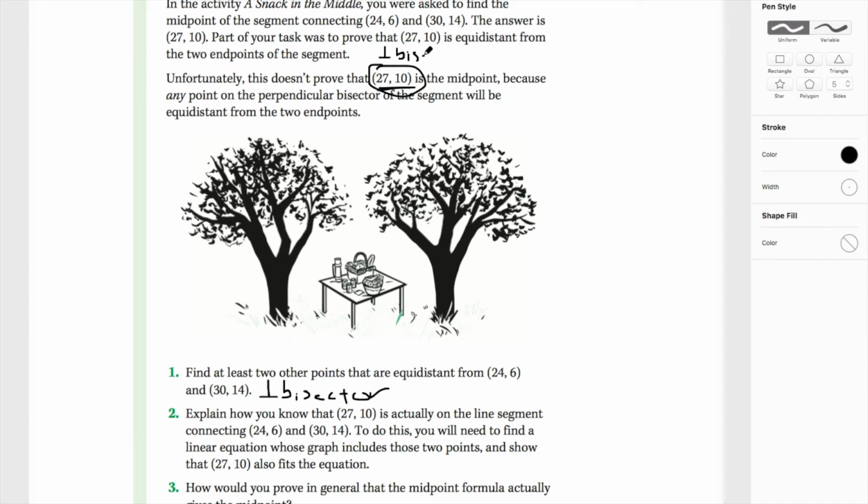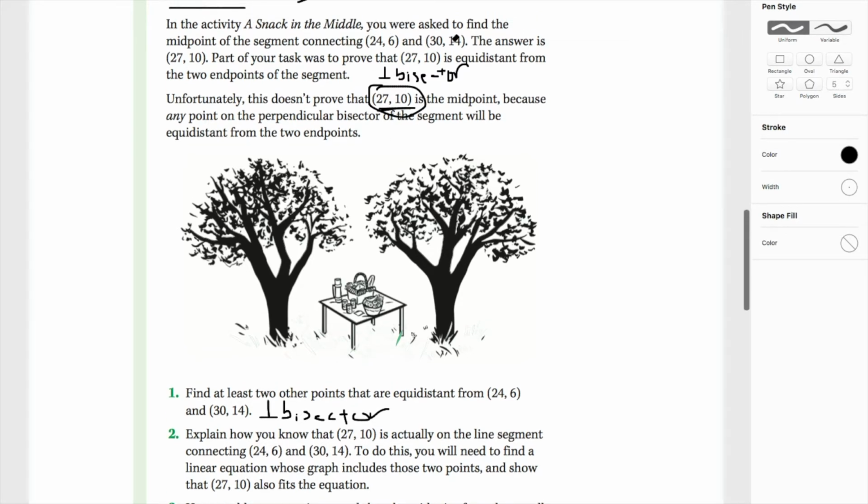We need to come up with the equation of the perpendicular bisector so we can get more points on it, okay? So the criteria for that line is, 1, it goes through (27, 10), and it's going to be perpendicular to the segment that you draw between (24, 6) and (30, 14). So if it's perpendicular to that segment, the slope needs to be the opposite reciprocal of the segment itself.